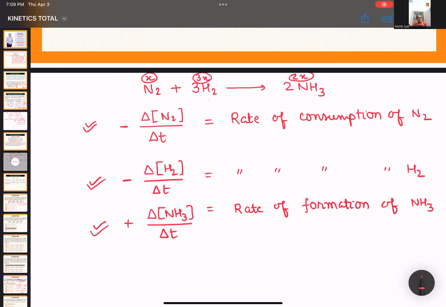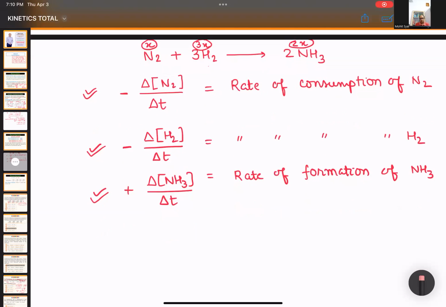Yes, this could be a good idea, but all 3 are part of the same reaction. So the rate I measure with either nitrogen or hydrogen or ammonia should come out to be the same, because all 3 are connected by a same chemical reaction.